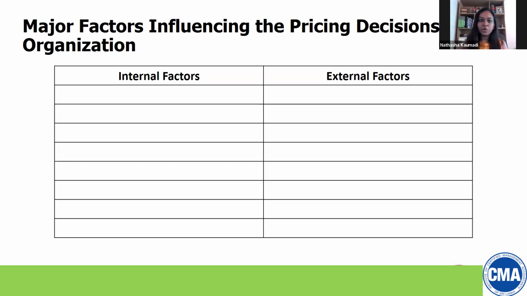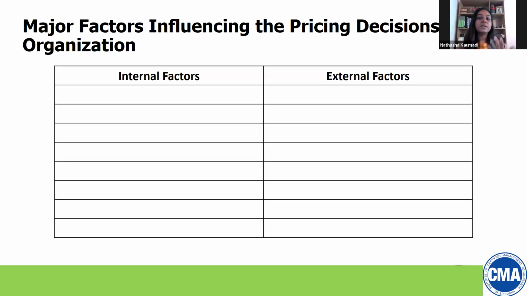So when you are deciding your price of a product, it can be a new product or it can be an existing product, I would say. For a new product, definitely you need to come up with the price. But for an existing product also, you need to see whether this price is true, whether this price is accurate. Now, previously, you have decided the price of that product 10 years back. Now, this is 2025.